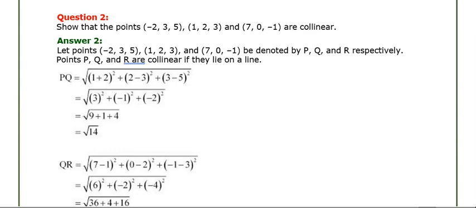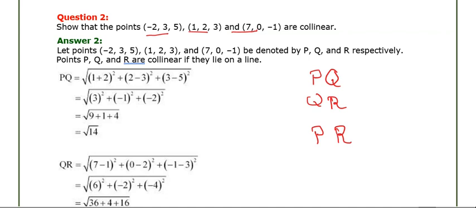Okay, once again, show that these 3 points are collinear. Now what is the condition for 3 points to be collinear? Find the distance between PQ, the distance between QR, and the distance between PR.